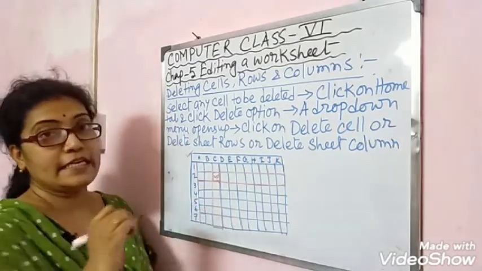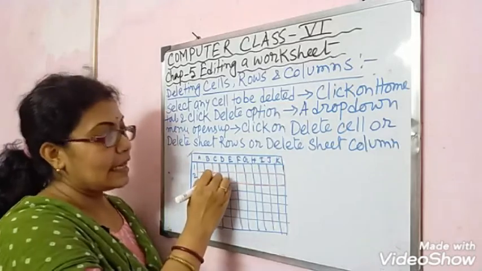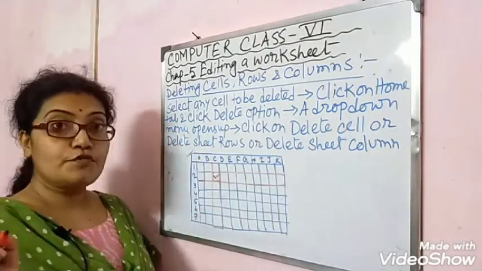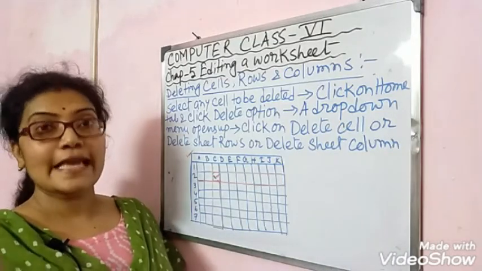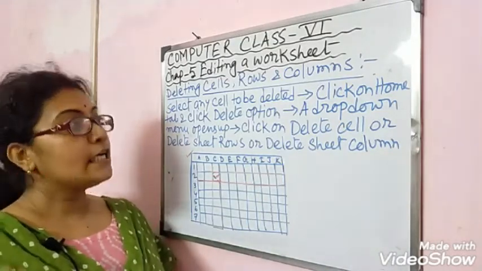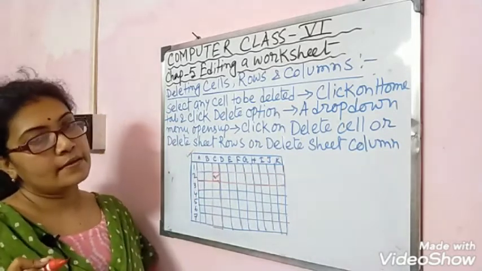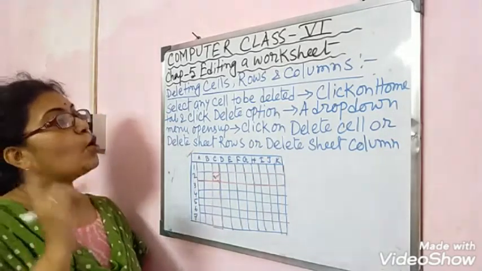If we want to delete any particular cell, row or column, first of all we select it. Then click on the Home tab.